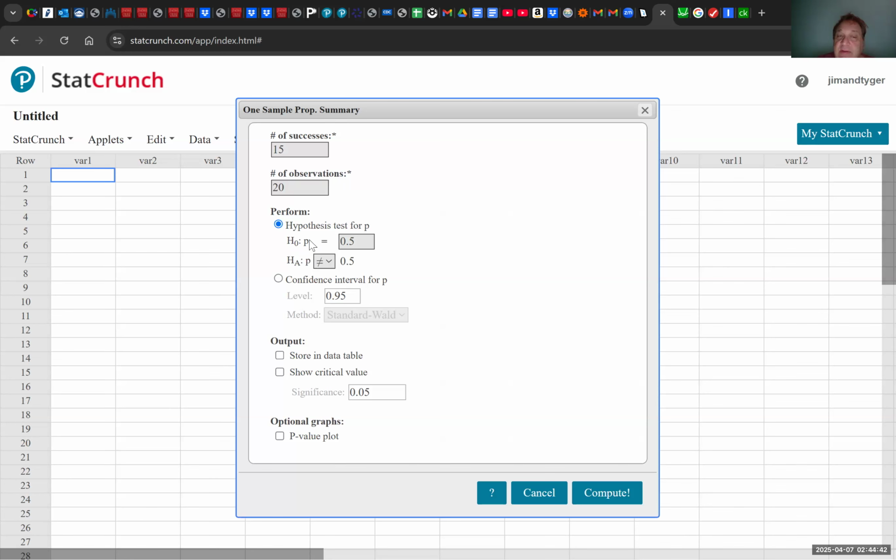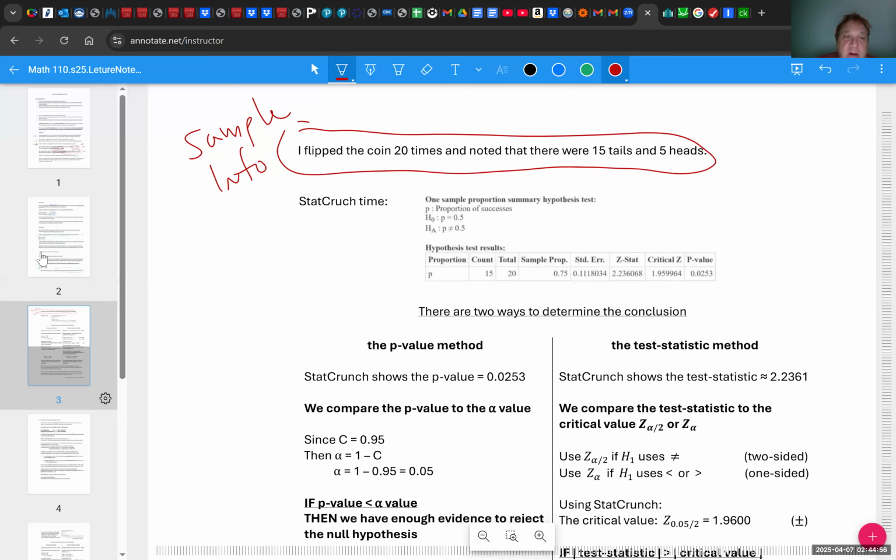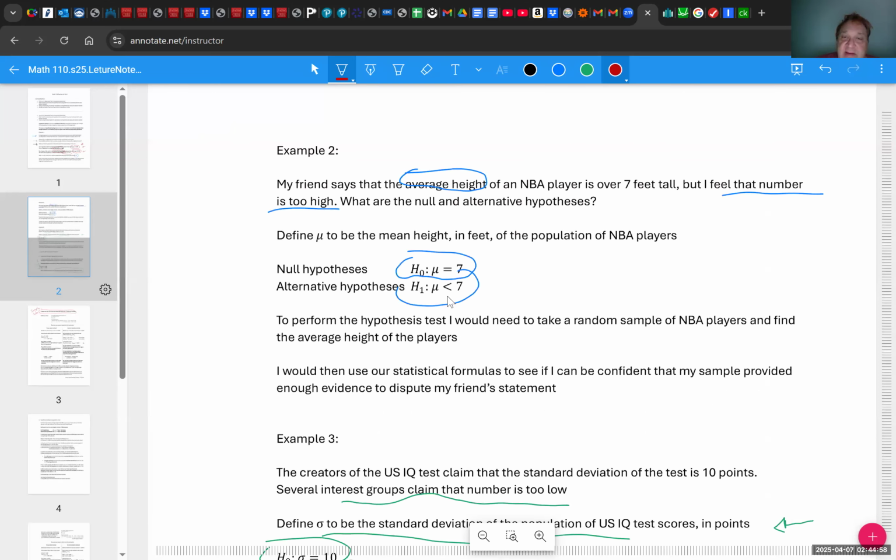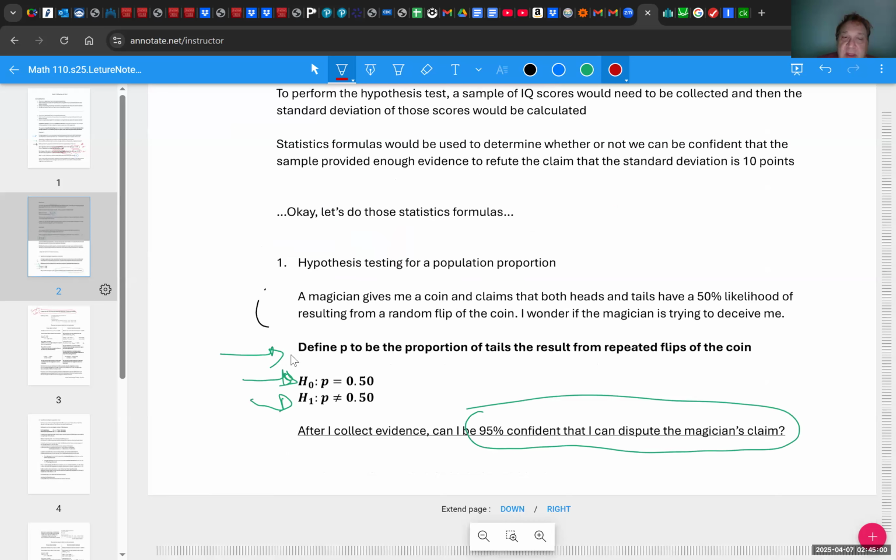We need to know the null hypothesis and the alternative hypothesis. And they're using the A instead of the one here, but I warned you that sometimes they use the A. Just to refresh your memory, the null hypothesis was the proportion was 50%, and the alternative was the proportion is not equal to 50.